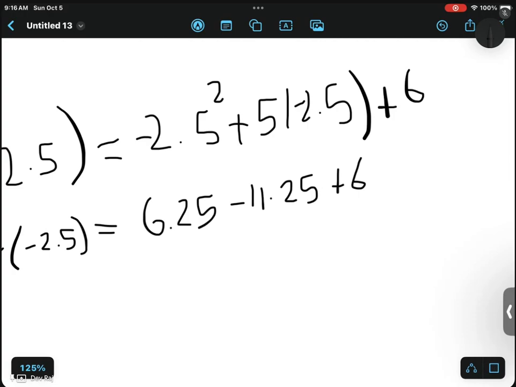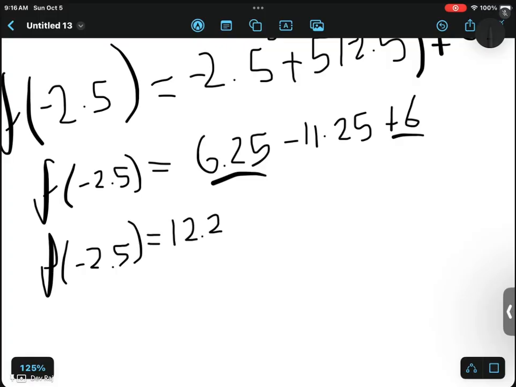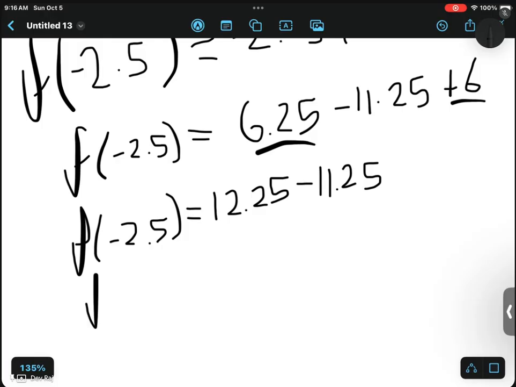Okay, so now that we got this, we could just add it all together. So what I like to do is I look at this one and I look at this one. Then we could just do f of negative 2.5 equals 12.25 minus 11.25. So f of negative 2.5 equals 1?